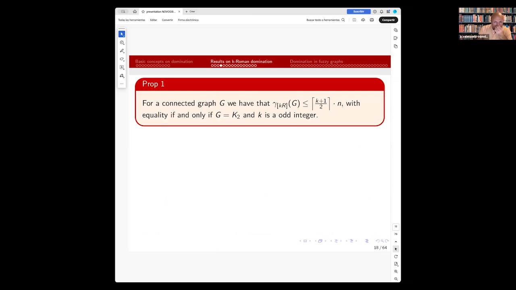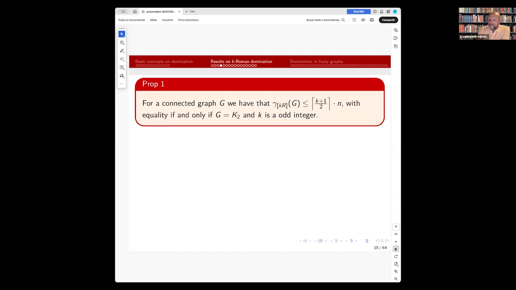In fact, we have found some bounds, because it's not easy to find the exact value for this parameter in graphs, even if we consider particular classes of graphs. And so we consider that it's very interesting to prove upper and lower bounds, and to prove that they are tight.